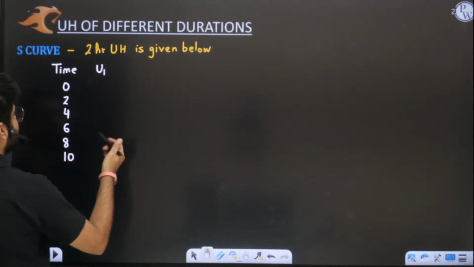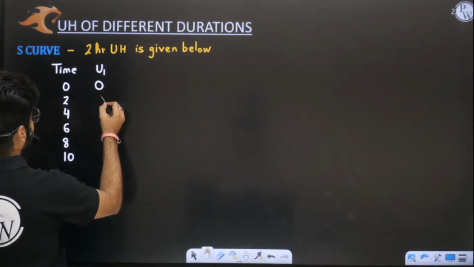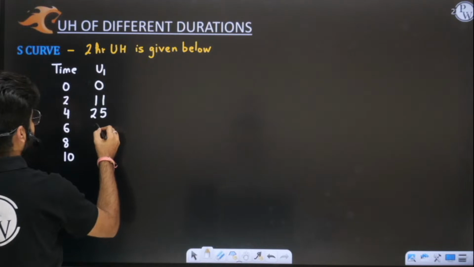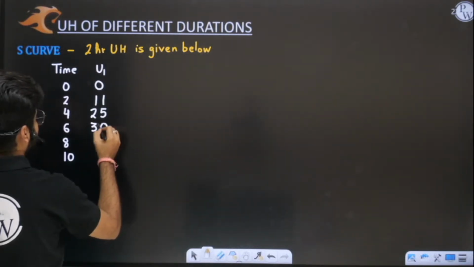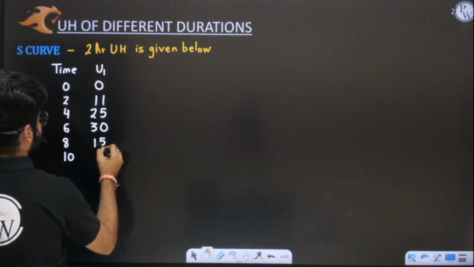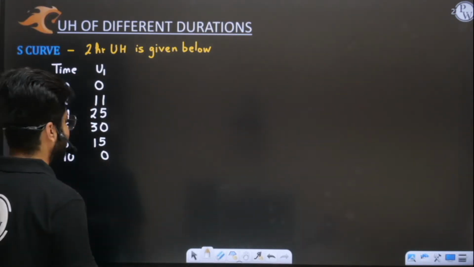The discharges: it will be 0, and at 2 hour the discharge will peak up, let us say 11, then 25, then 30, then 15, and then 0. These are the values which are given to you.